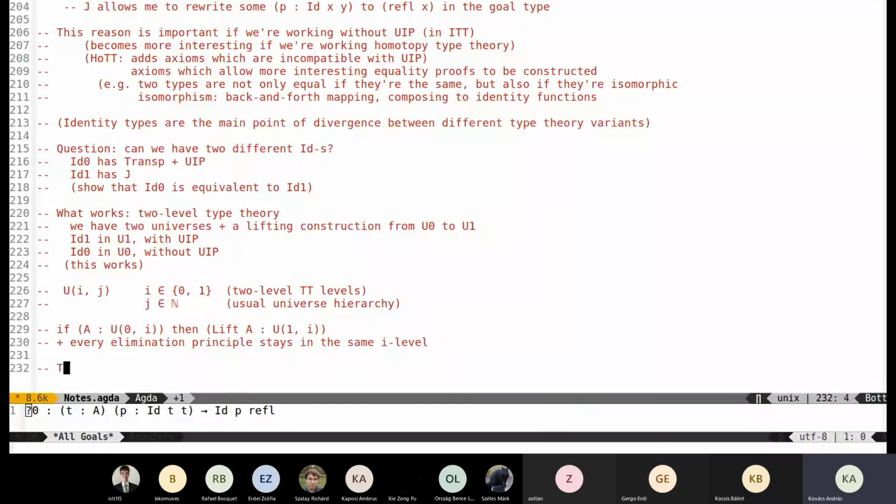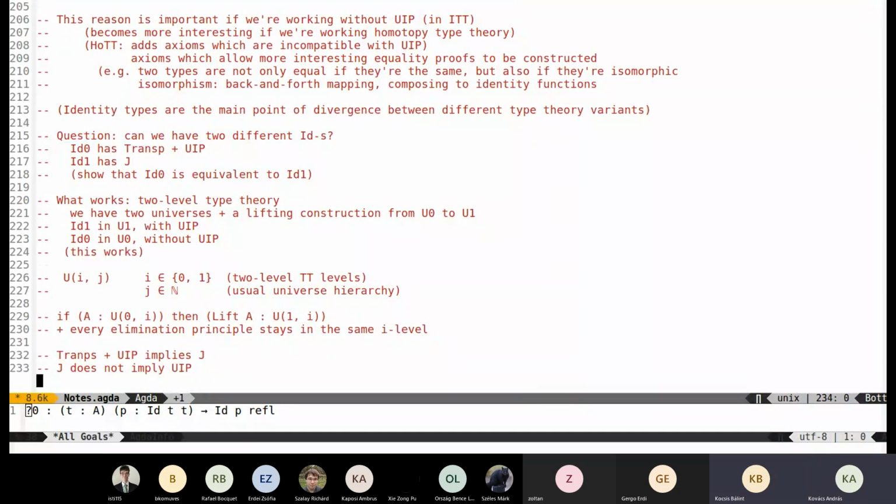So if I have transp, so transp plus UIP implies J. However, J does not imply UIP, right? So if I have, sorry? Right. But then they are not equivalent, right? No, they are not equivalent. Oh, okay. But you said that they are in line.